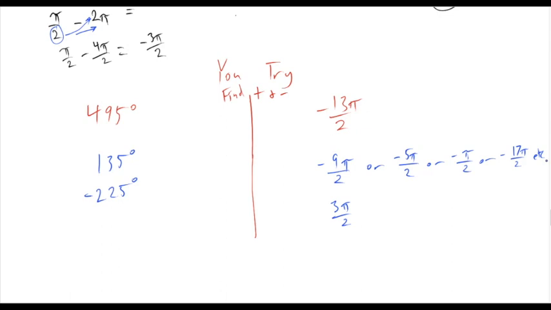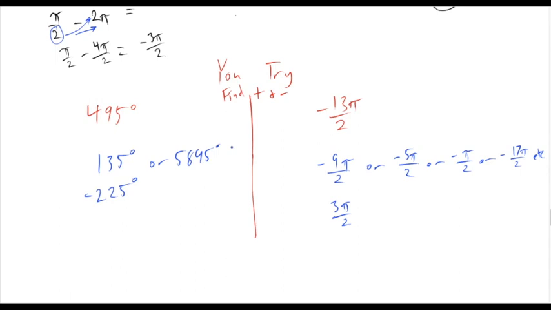For instance, you could have said your positive answer was 5,895 degrees. That is also a coterminal angle for 495 degrees, so that is fine.